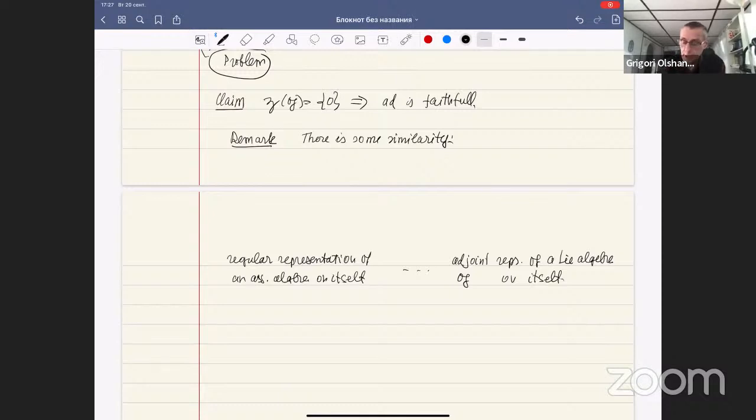Only in the first case, in the case of an associative algebra, it's easy to see that the regular representation is faithful for a unital algebra. For the Lie algebra, the difficulty arises from the center.